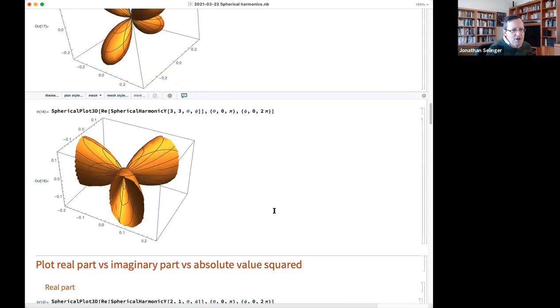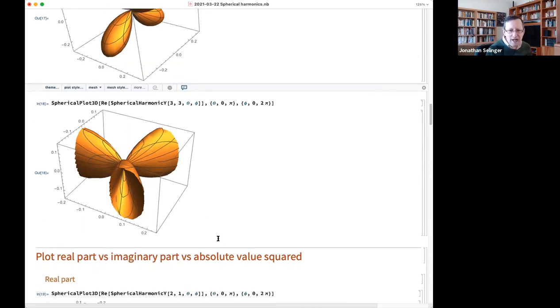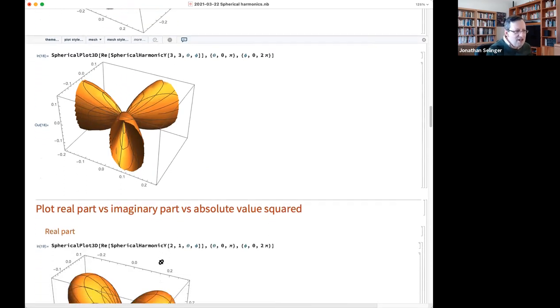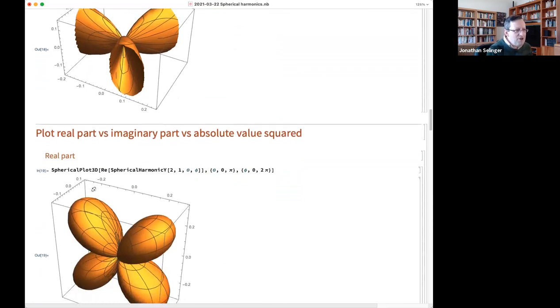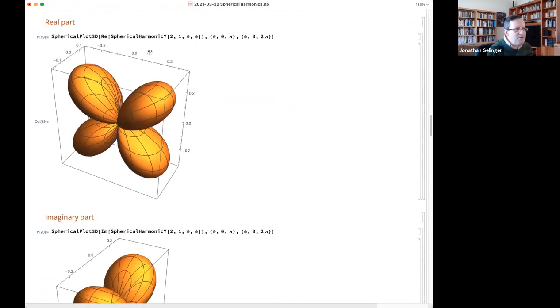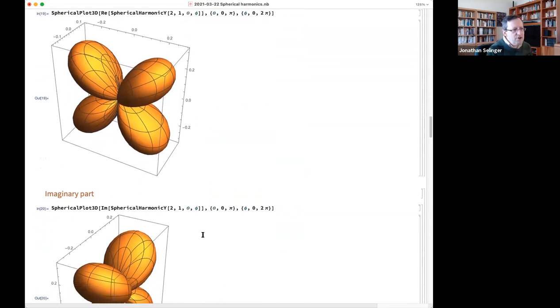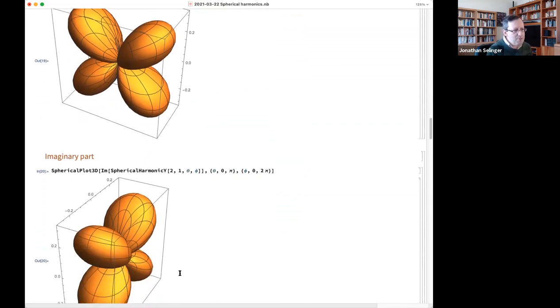Now you might be wondering, what's so special about plotting the real part? Should I maybe be plotting the imaginary part or the absolute value instead? Just for comparison, here's a plot of the real part for the Y 2, 1 function. Here's a plot of the imaginary part.